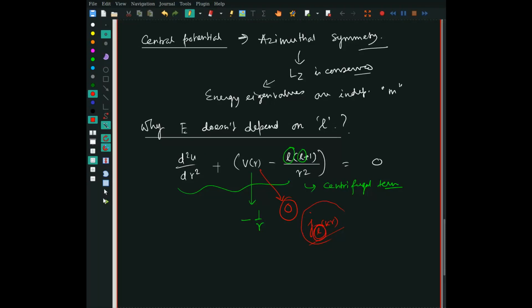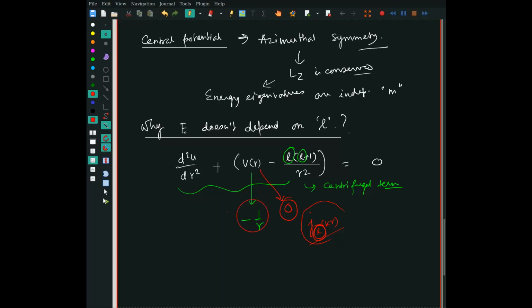So in general, if V(r) is an arbitrary central potential, then your energy eigenvalues will depend on n as well as on l. But something very special happens when the potential is of the structure minus 1 upon r.